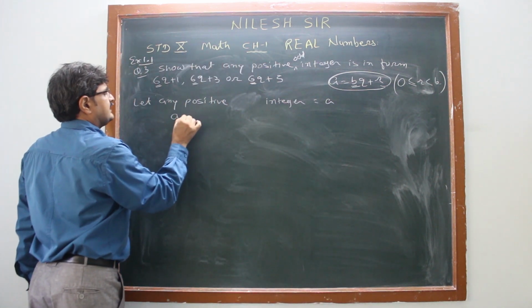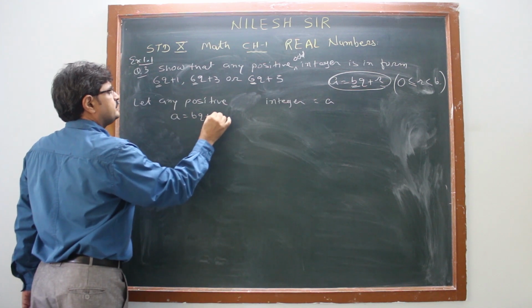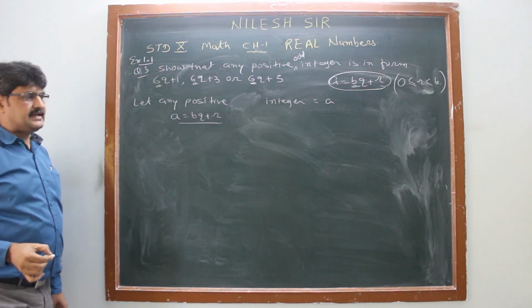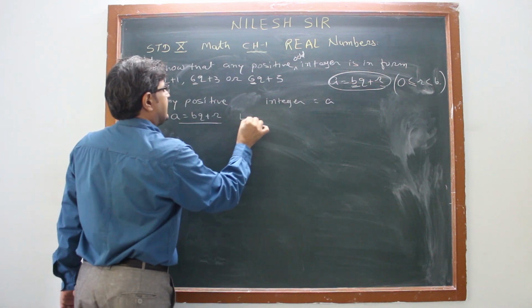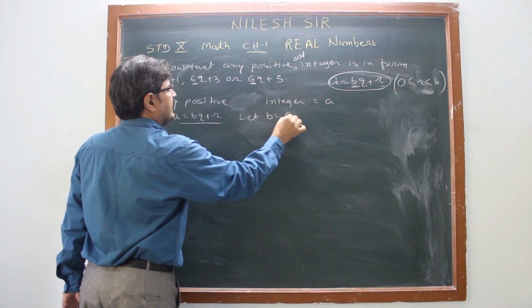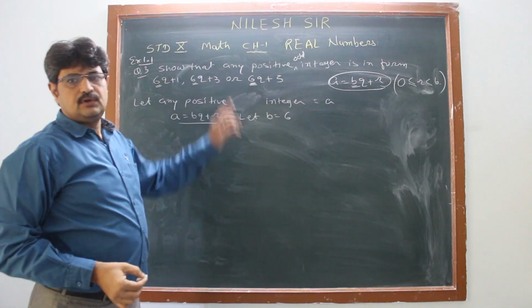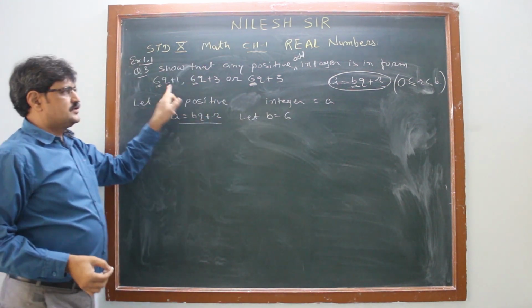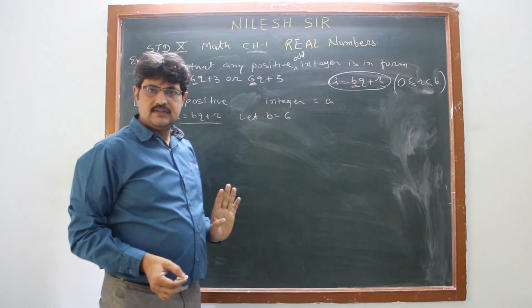So I can write that a is equal to bq plus r. Now I will assume b as 6. You know why I have assumed b as 6, because here we have 6q. So I will take b is equal to 6.